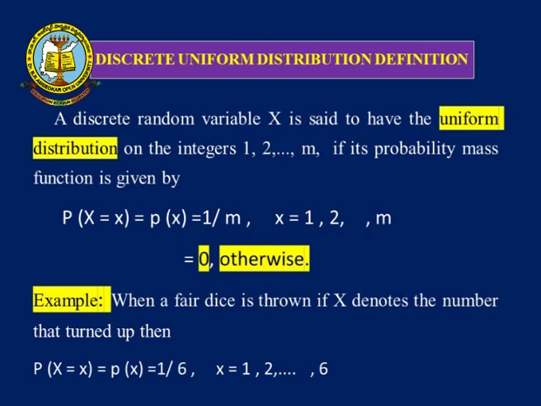For example, when a fair dice is thrown, if X denotes the number that turned up, then probability of X equal to small x is equal to 1 by 6. Why 1 by 6? A dice has 6 faces, all with equal chances, so X takes the values 1, 2, 3 up to 6.